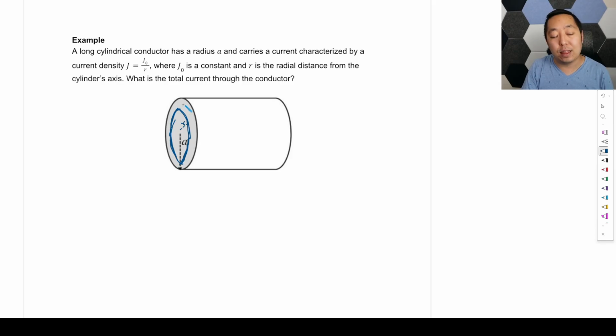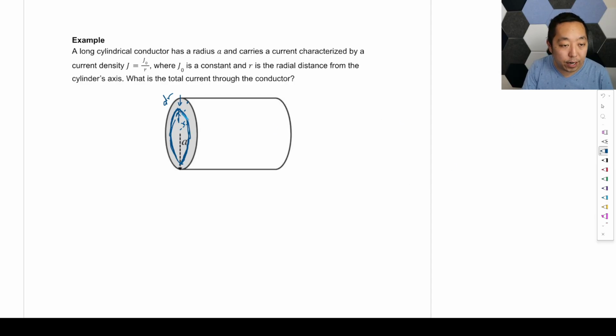I can't pick a very thick ring, because obviously the density here is going to be different than the density here. But if I pick a very thin ring, then the density is about constant over it. So this ring has a thickness dr.